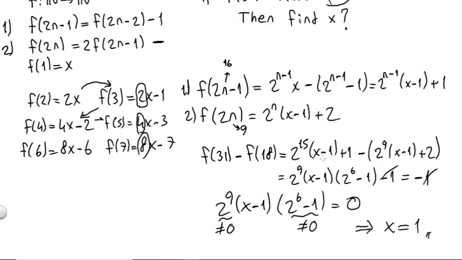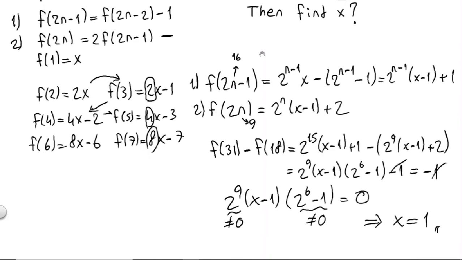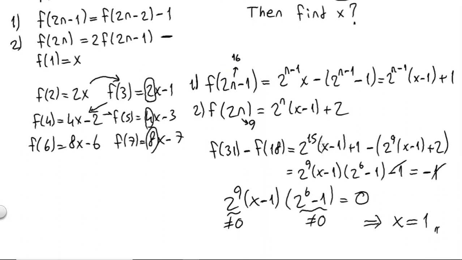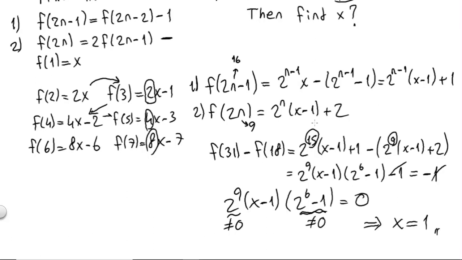Also, a quick note: like I said in the beginning, I changed these numbers, so they were much bigger numbers. If you're getting different powers here, you will always get something that is not equal to 0, so except for literally the same numbers here, x would always be 1.